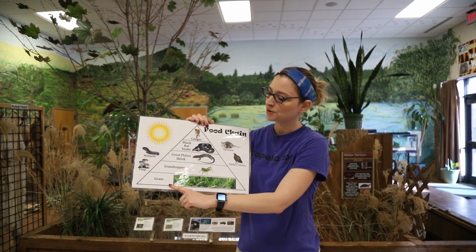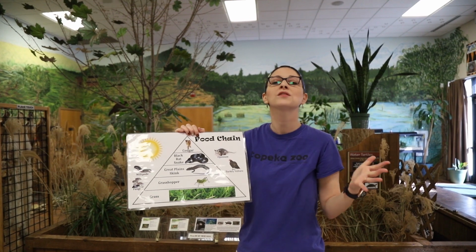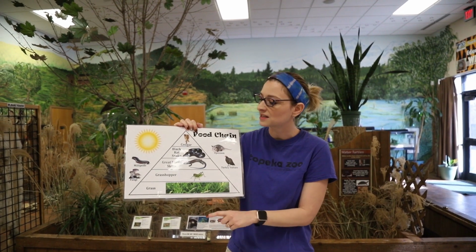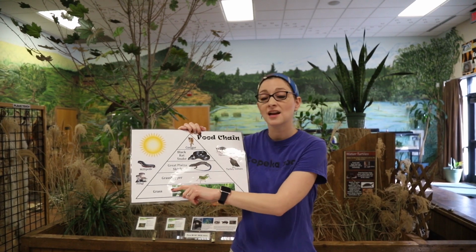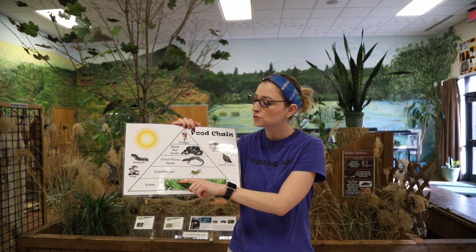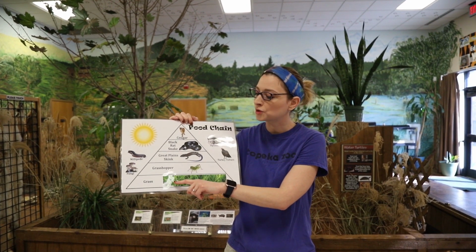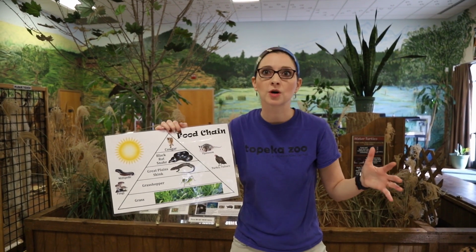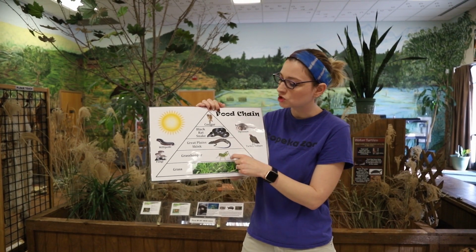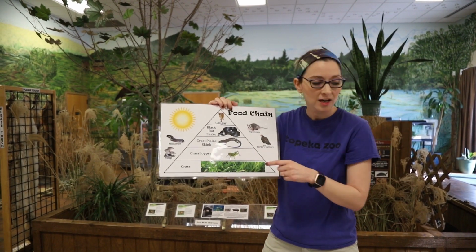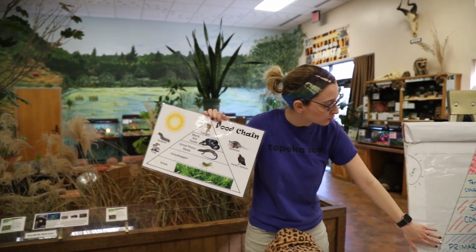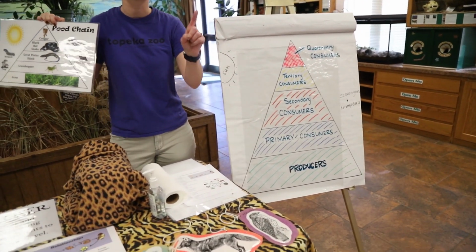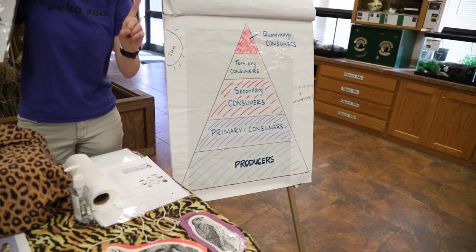So the sun provides the grass with all of the energy it needs to survive, to find the food that it needs. Well, the grass and other plants at the bottom of the food chain here then provide food for the first level of consumer, the herbivores. So on the food chain, this section right here is what we call our primary consumers. Primary just means one, the number one.